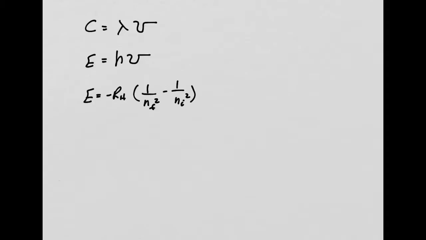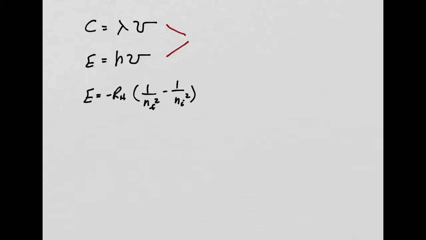There is one more equation I want you to know, and that is combining these 2 equations. This is energy and frequency, this is wavelength and frequency. What is missing is a relationship between energy and wavelength.